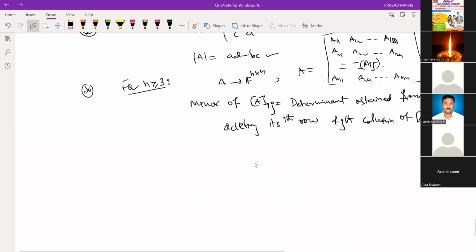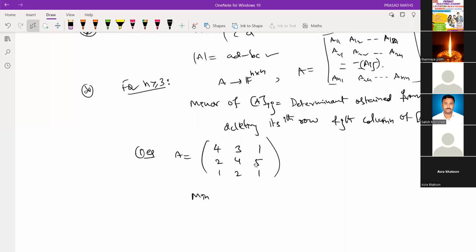Suppose you are given A equals 4, 3, 1, 2, 4, 5, 1, 2, 1. Suppose you are looking for the minor of 4.